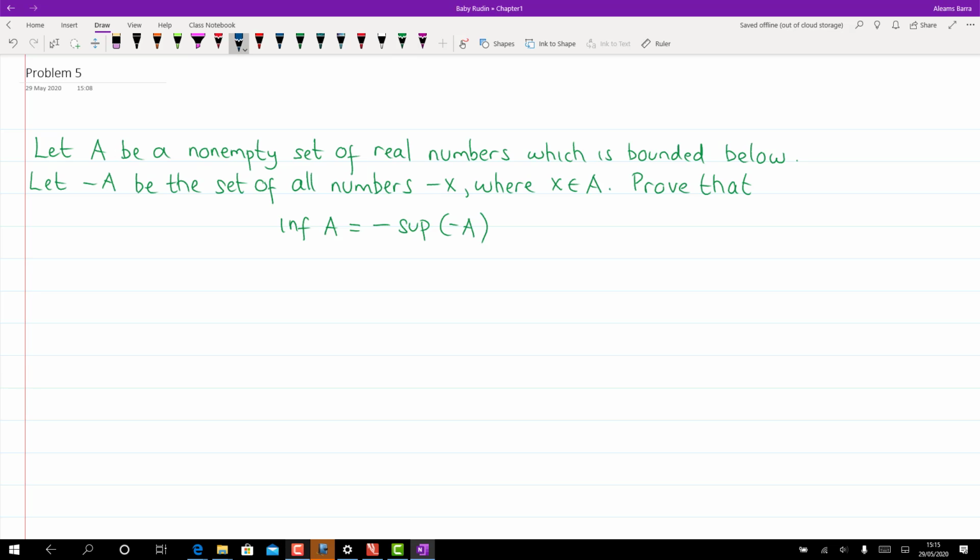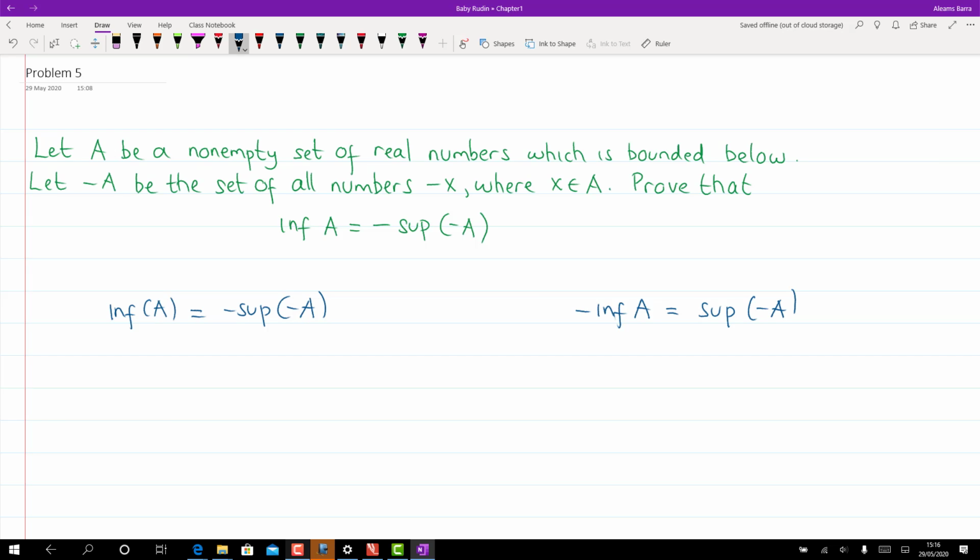Okay, so we will think of this in two steps. The first one is you want to see the statement as this, and the second one, after we multiply both sides by -1, we will have minus infimum A is equal to the supremum of minus A. These two statements are equivalent, right?